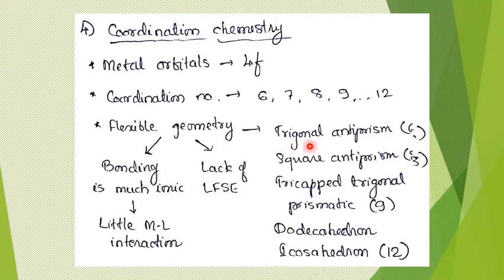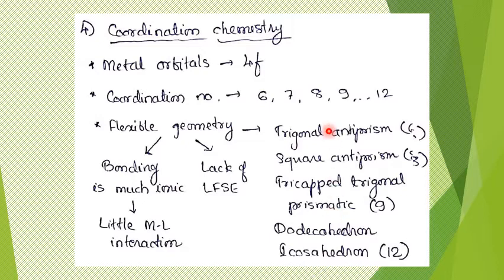It starts from trigonal prismatic or trigonal antiprism for coordination number 6, and then square antiprism for coordination number 8. This is usually most common for earlier lanthanoids. Even when they form water complexes, nine water molecules can coordinate, and usually it results in tri-capped trigonal prismatic geometry.